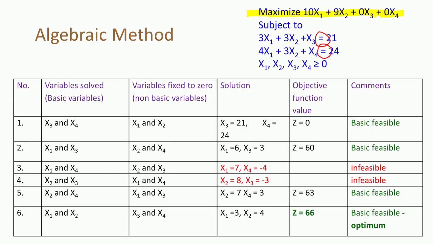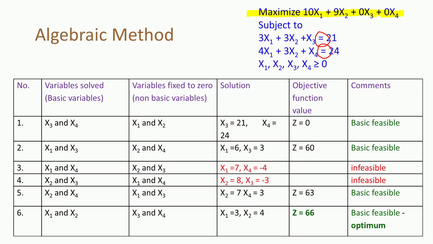For example, if we assume that we are going to solve for x1 and x2, we need to give some value for x3 and x4. If we give a value of 1 for x3 and x4, then the equations will become 3x1 plus 3x2 equal to 20 and 4x1 plus 3x2 equal to 23.